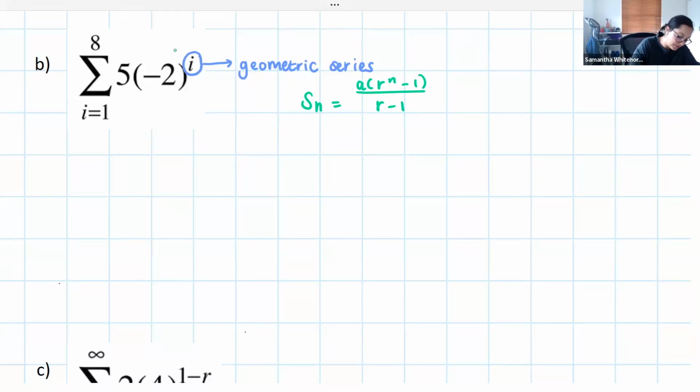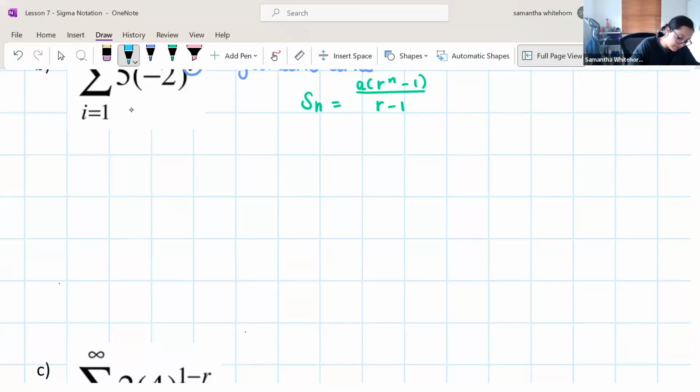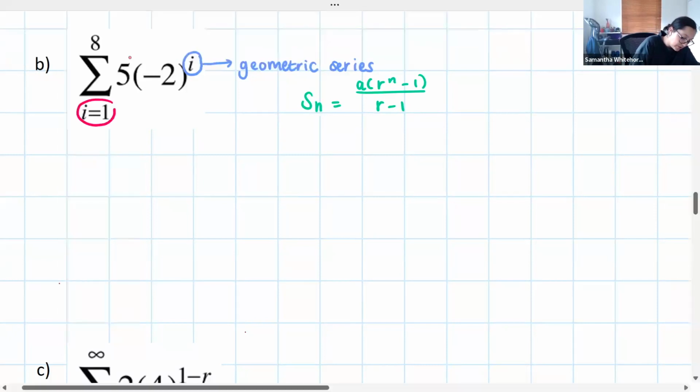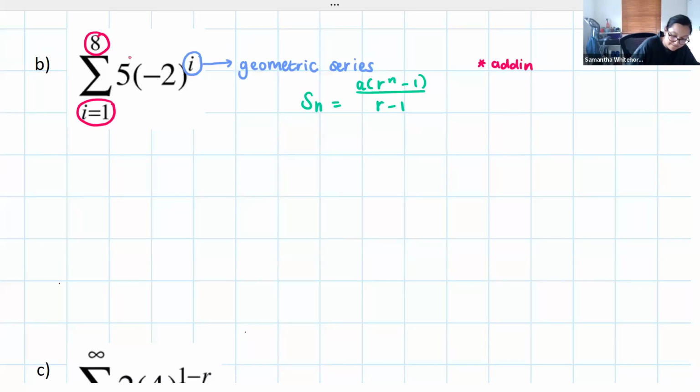I also know, because of the top number and the bottom number, that I am adding terms 1 to 8. Now, this isn't too tricky. It means that we're adding 8 terms, but obviously you could say 8 minus 1 plus 1 to get n, but we're adding 8 terms here.